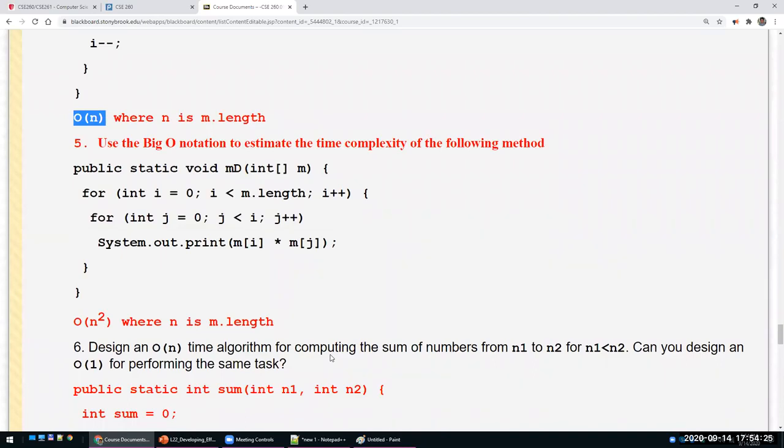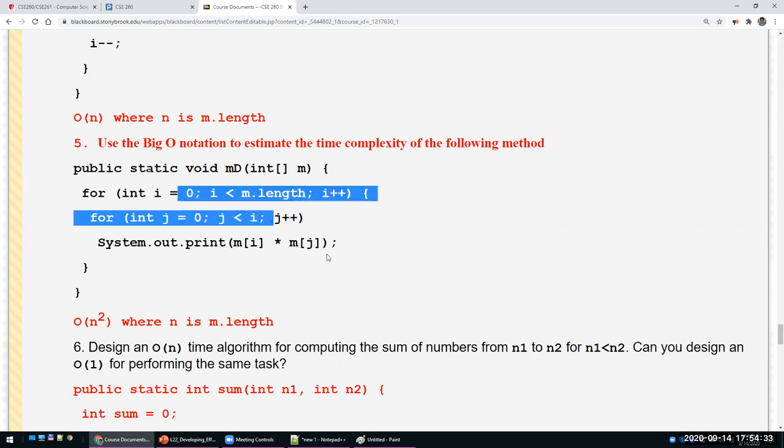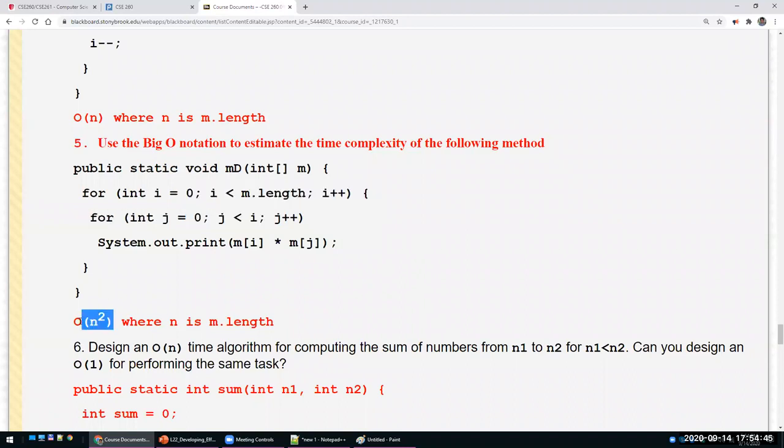Using the big O notation, we also want the complexity of this algorithm, and again we have up to i. So this is an arithmetic sequence that executes once for the first step, twice for the second step, and so on up to n times for the last step. So the number of steps in total will again be n squared.